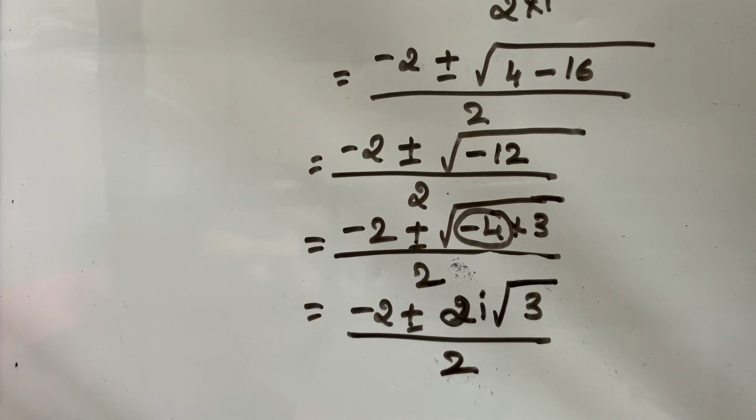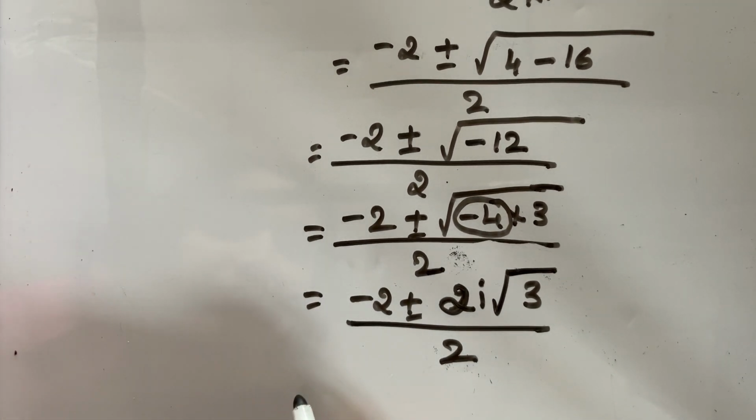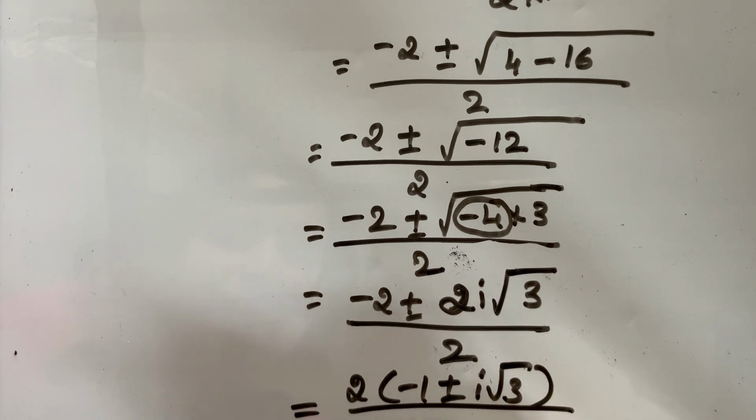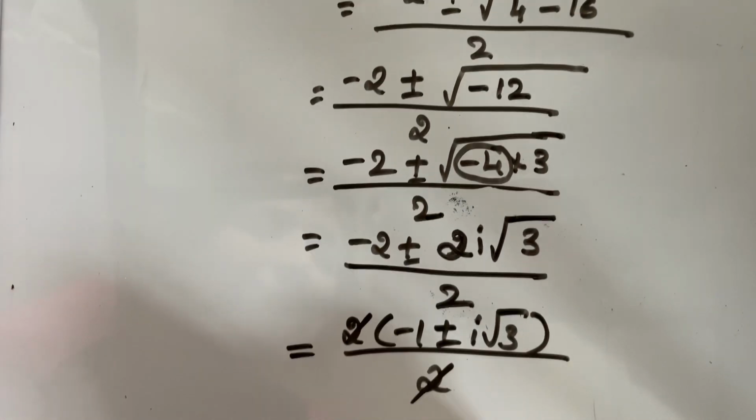Now 2 is common on both sides, so I can take out 2. So negative 1 plus or minus i root 3, divided by 2. If you take 2 outside, cancel 2.